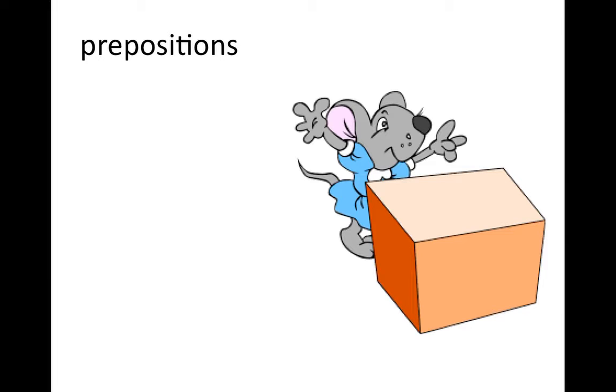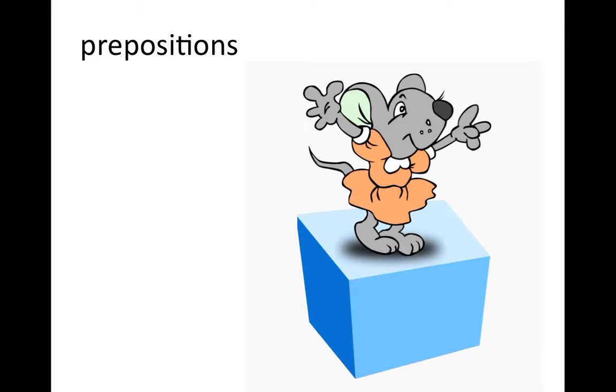Let's review prepositions. The mouse is behind the box. The mouse is above or on the box.